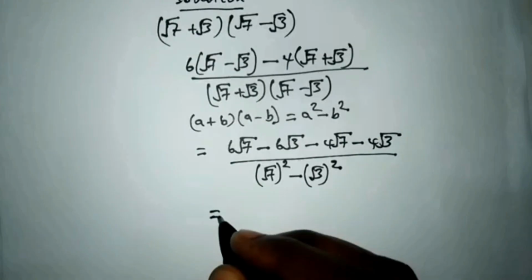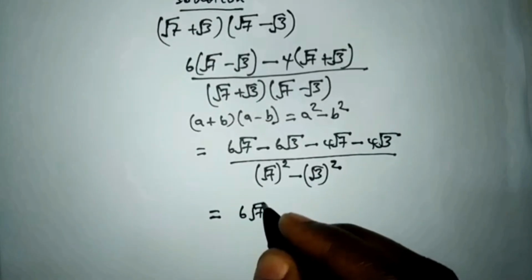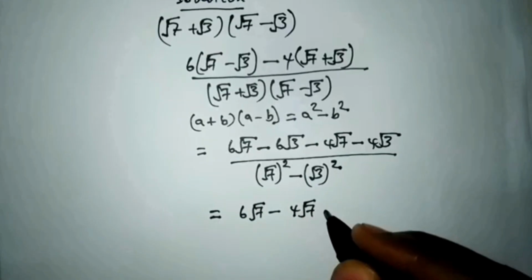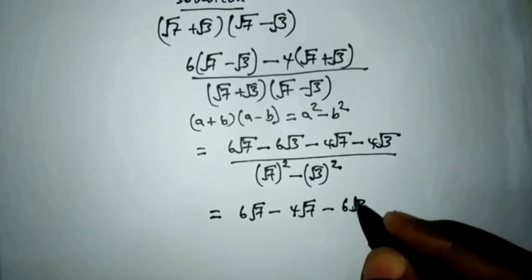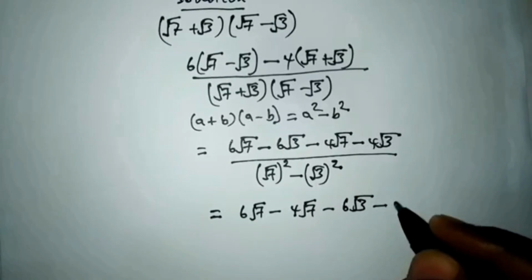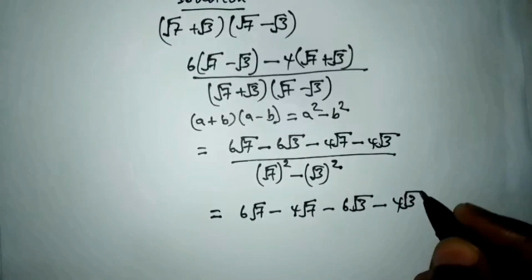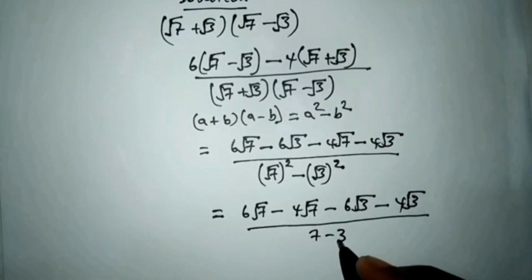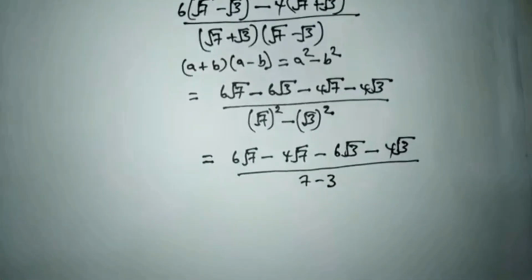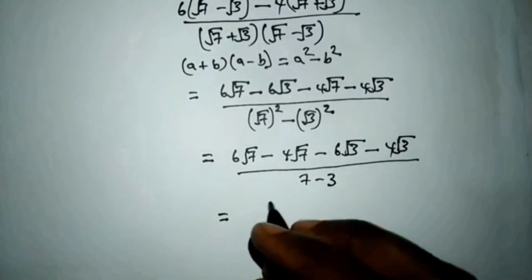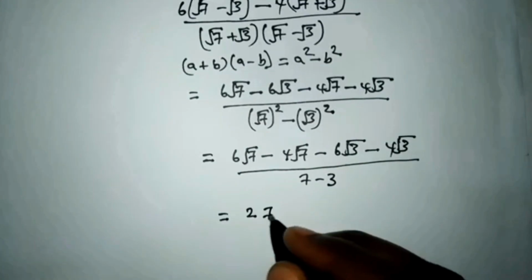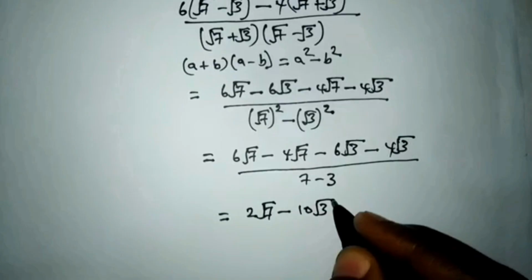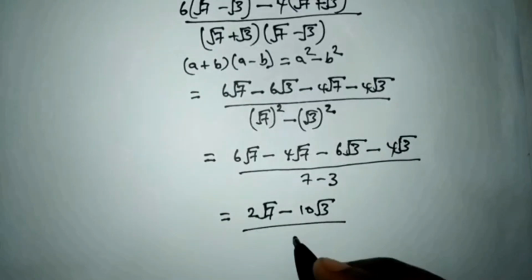This is going to give us 6 square root of 7 minus 4 square root of 7 minus 6 square root of 3 minus 4 square root of 3, all over 7 minus 3. This is equal to 2 square root of 7 minus 10 square root of 3 all over 4.